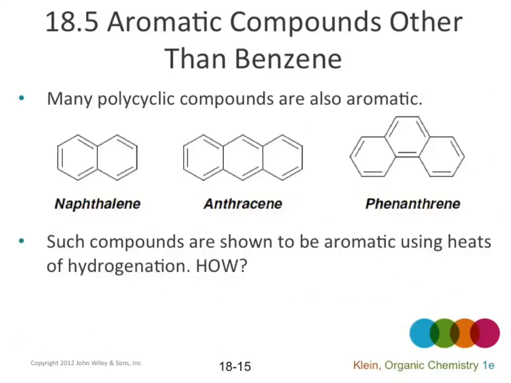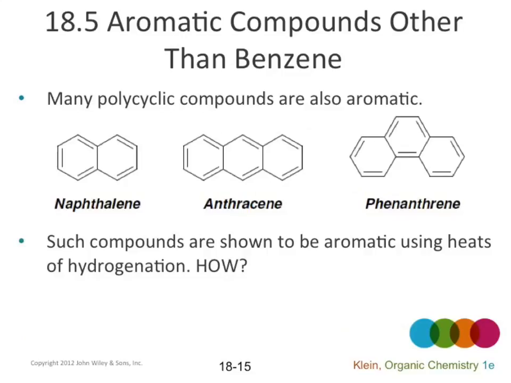Okay. Compounds other than benzene. If you were asked to try and show these to be aromatic using heats of hydrogenation, what would we look for? So first off, are they aromatic? Yeah, we got 10 electrons in the first one.